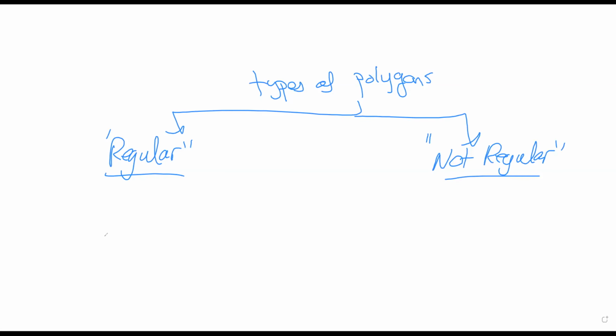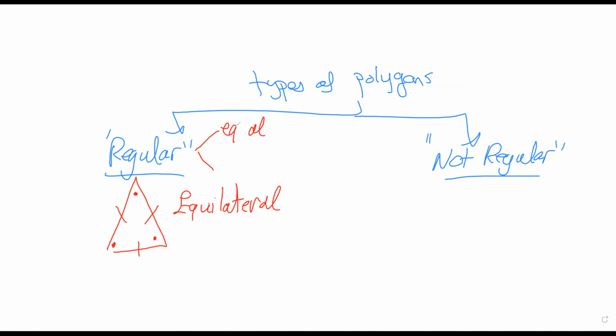A regular polygon is a polygon or a geometrical shape in which all sides are equal and all angles are equal as well. For example, an equilateral triangle. So again, what is a regular polygon? A regular polygon is a polygon that has equal sides and equal angles.